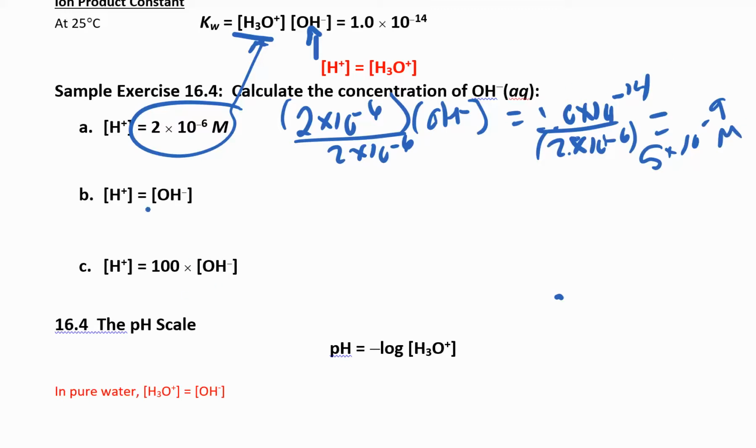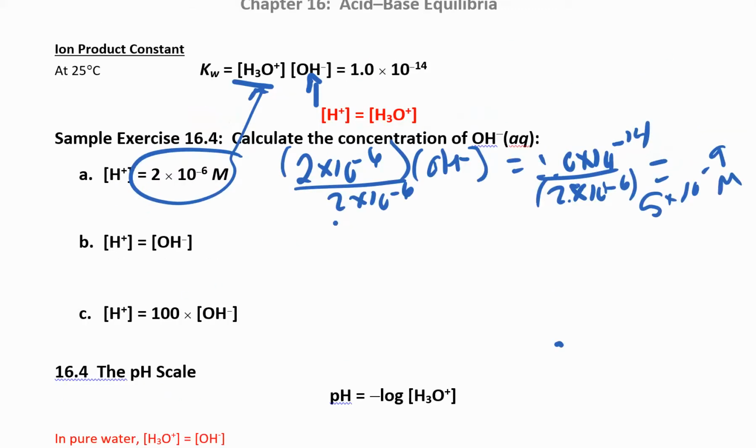Now, when hydronium and hydroxide are the same concentration, you're trying to solve for the hydroxide, so you can plug in hydroxide for the hydronium concentration, right? So you have hydroxide times hydroxide.